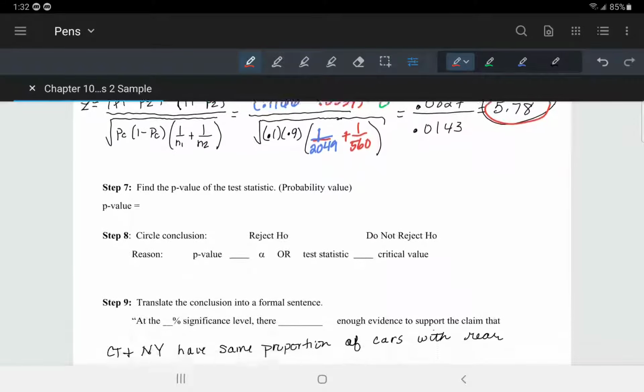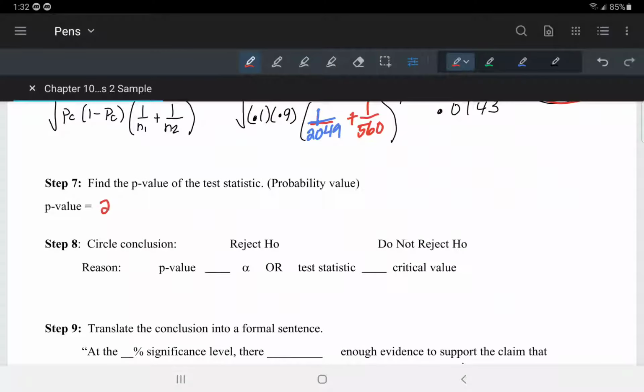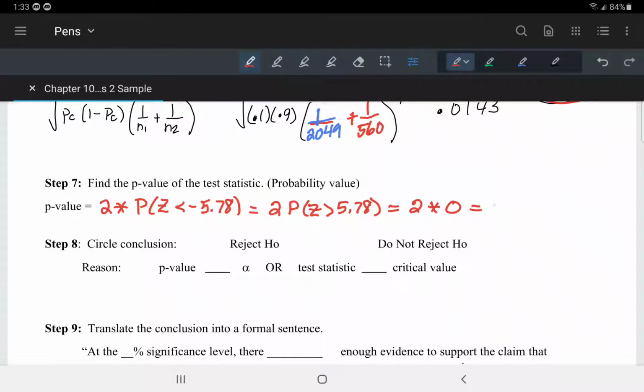The p-value will be 2 times the probability that z is less than negative 5.78, or you could do it the other way and take 2 times the probability that z is greater than the positive 5.78. Either way, the number that comes up is effectively 0. So we will say the probability associated with this is just 0.